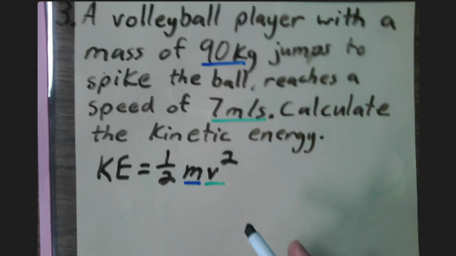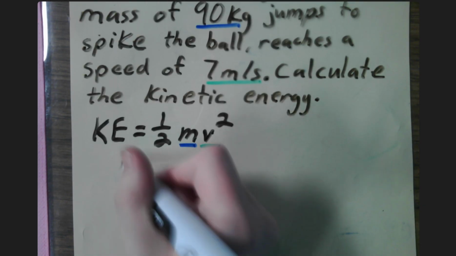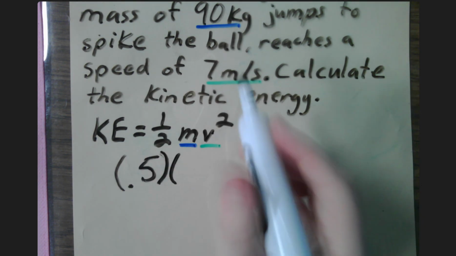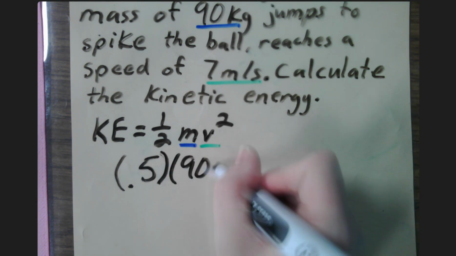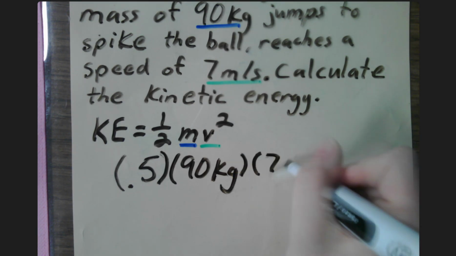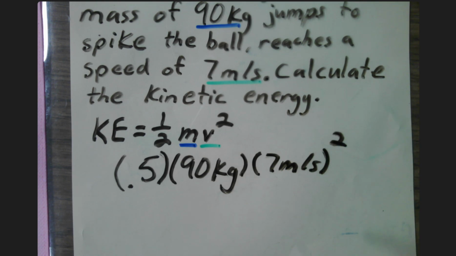So we're going to plug in our numbers. 0.5 times our mass, which is 90 kilograms, times our velocity, which is 7 meters per second squared.